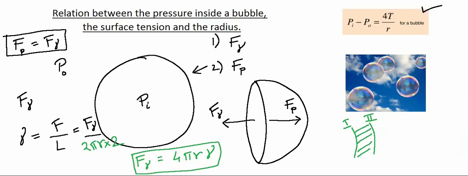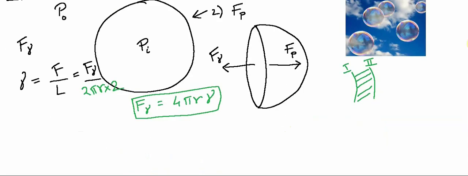Now let us evaluate Fp, the force due to the pressure, this force which is acting towards the right. Now let me draw the bubble again. This is half the bubble.